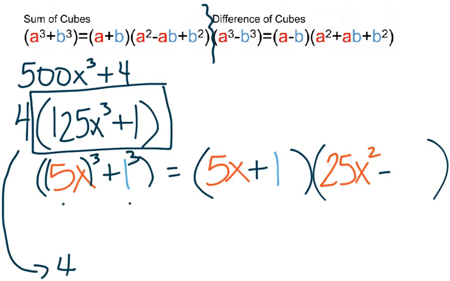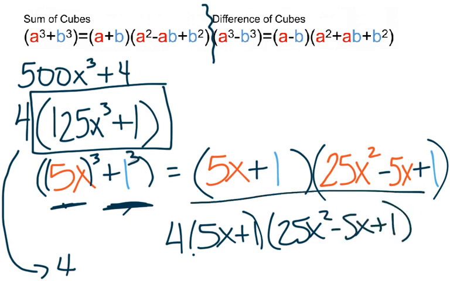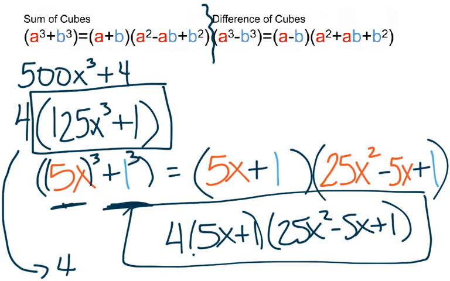Now I'm going to multiply the two things being cubed, the 5x and the 1, and I get 5x. Plus, the last thing that was being cubed, I'm going to square it. 1 squared is 1. So here's my final answer. I had a 4, I have a 5x plus 1, I have a 25x squared minus 5x plus 1, and that is how I factor cubics.